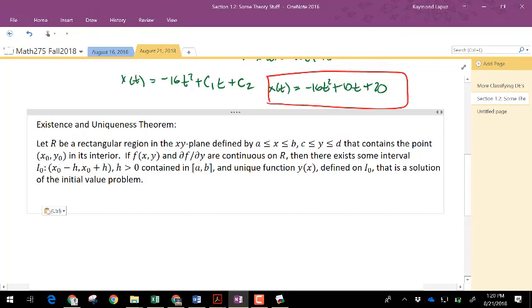So if f of x, y, and the partial of f with respect to y are continuous on this rectangle, then there exists some interval I around x naught that's contained in AB, and a unique function y defined on this interval that is the solution of the initial value problem. Does that make sense? That's about as heavy math as you can get.